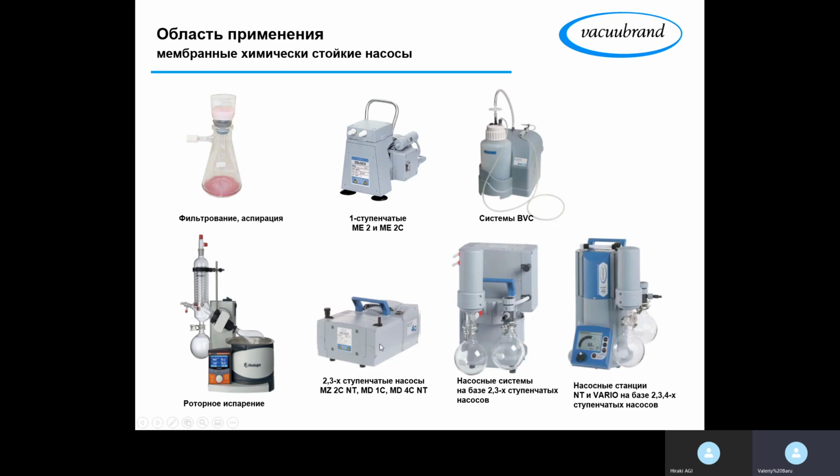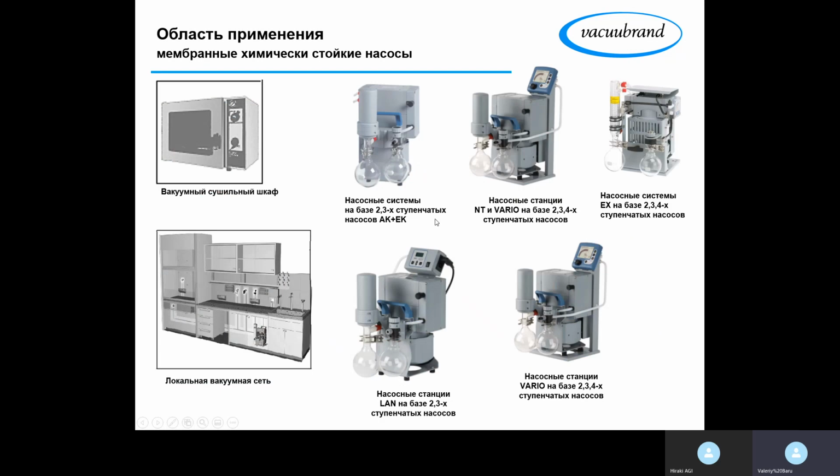So for the rotary evaporator, the models are the NT, the Vario station. Again, I explained that this is the station with the speed control drive. And for the vacuum drying chambers, we have models with a higher performance.